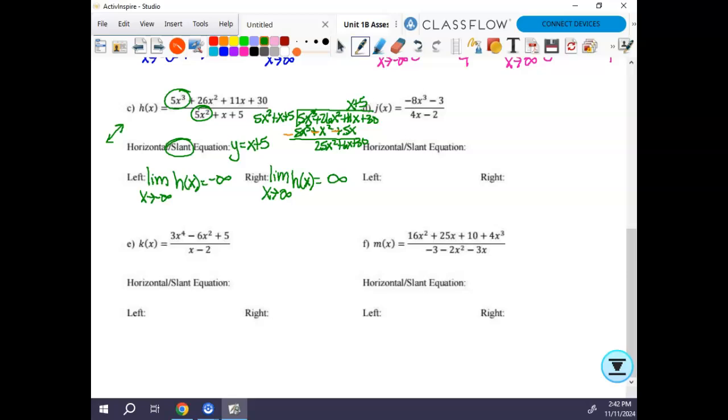Then we have, okay, on D. Left, oops, I know it will be the limit as x approaches negative infinity of j of x. Right will be the limit as x approaches infinity of j of x.